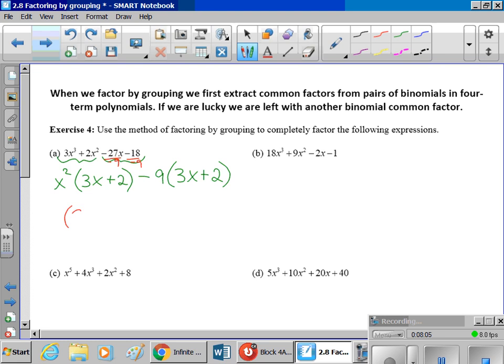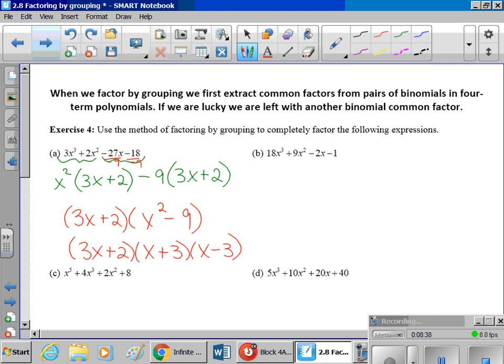So basically that means now we can factor out that 3x plus 2. And when we do that, what do we have left over? x squared minus 9. I'm hoping at this point red flags are flying everywhere, because x squared minus 9 can be factored one more time. So we have the 3x plus 2, and now we have x plus 3 and x minus 3, because x squared minus 9 is the difference of perfect squares.